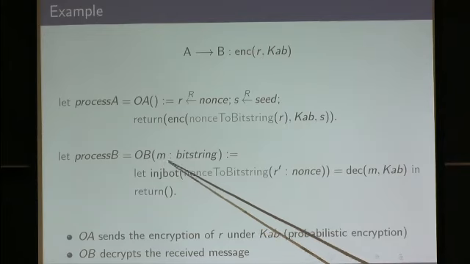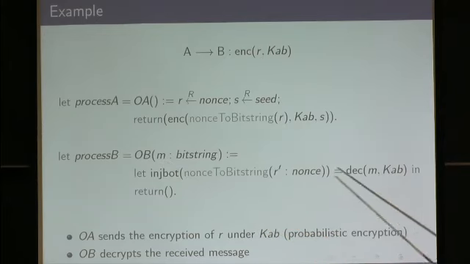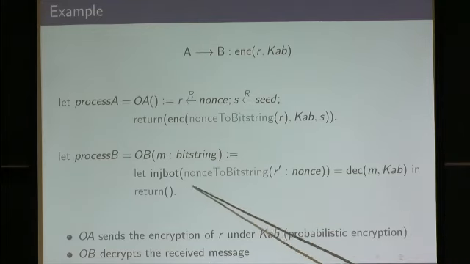And B is going to receive the message and decrypt it. So B is going to decrypt M under the shared key KAB. And there are two cases, either the decryption succeeds or fails. If the decryption fails, it returns a special symbol bottom, and otherwise it returns a real bit string.